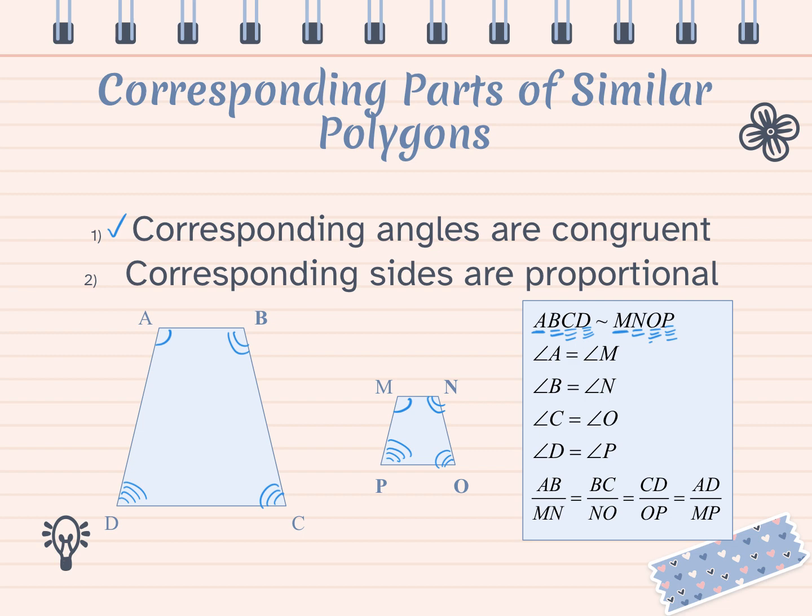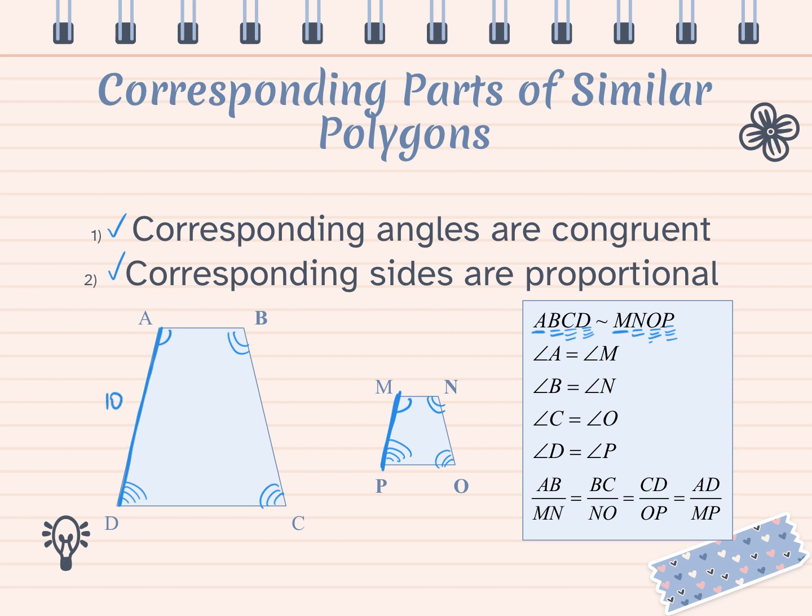The difference comes in when you're talking about the sides. In congruent shapes, the sides are exactly the same, but in similar polygons, the corresponding sides are proportionally equal to each other. However, they don't have the exact same unit of measure. So let me explain that. For example, side AD corresponds with MP, and those two sides are going to have some proportional relation.